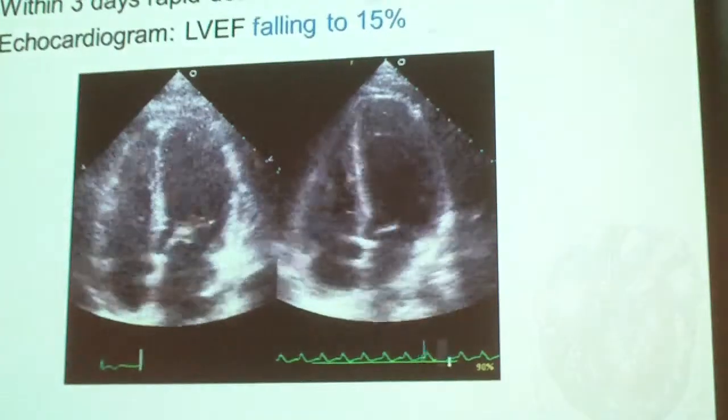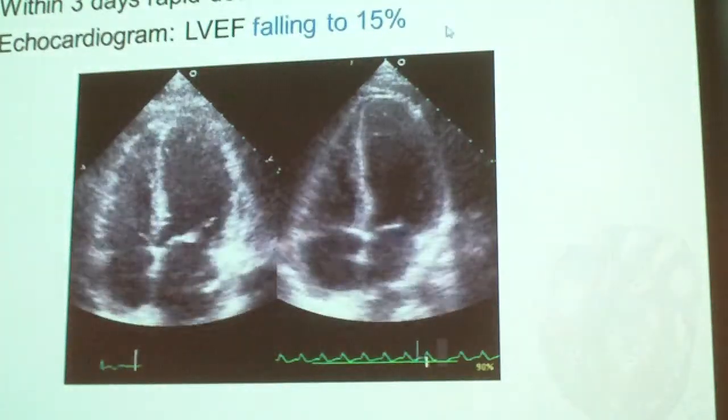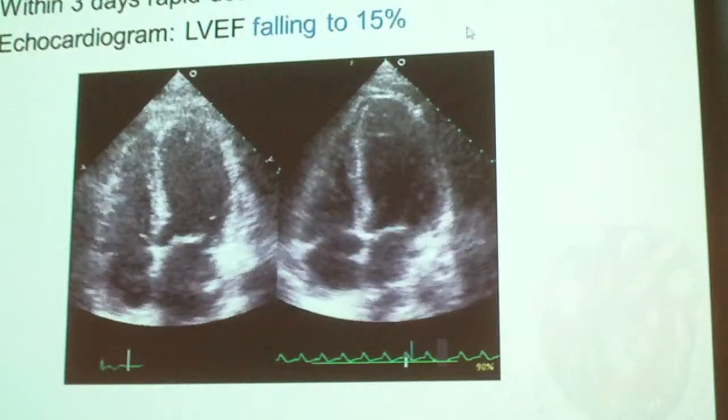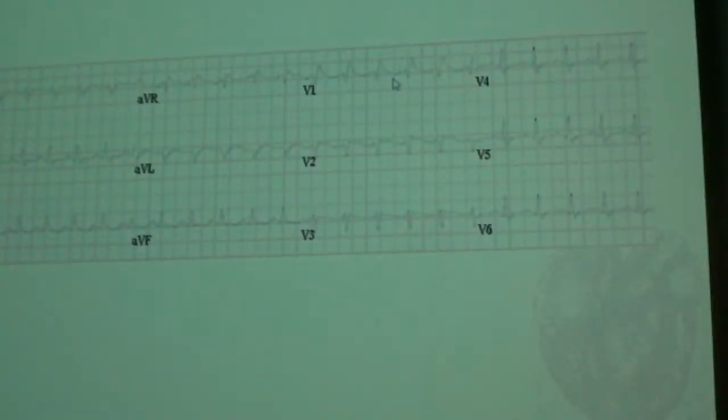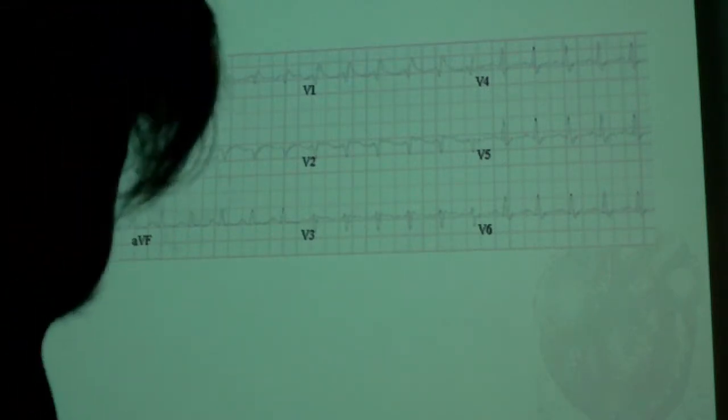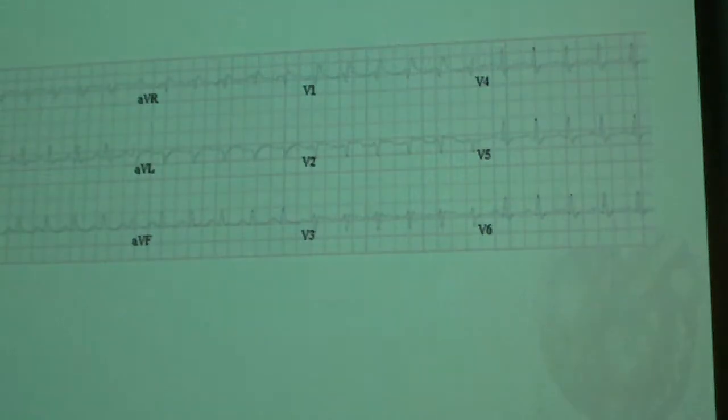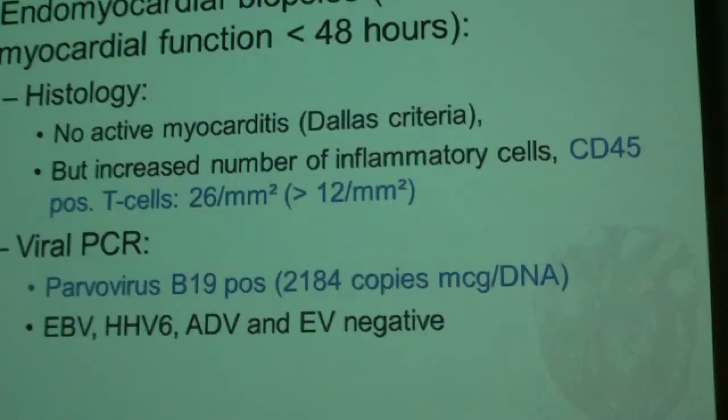So her ejection fraction fell to around 15%. So this patient was in shock at that time. As you can see here also, the EKG deteriorated. As you can remember, the first EKGs did not have the right bundle branch block. Everything is broadening. So not only on the echo, but also on electrocardiography, you can see that she's deteriorating very fast.